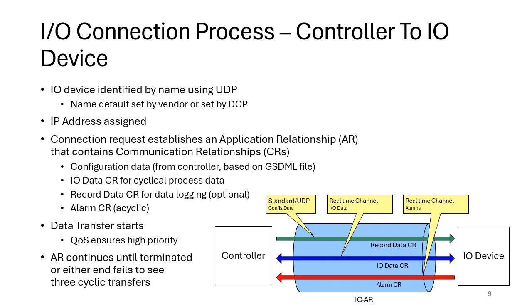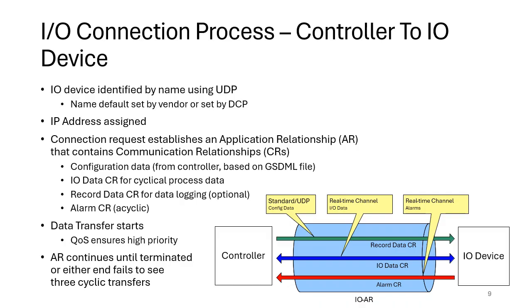You also have an IP address, which is also assigned, again using that configuration data, using a record data communication relationship. If you look at the diagram here, that's the one in green at the top. The controller sends the data to the I/O device, and that data configures the I/O device.